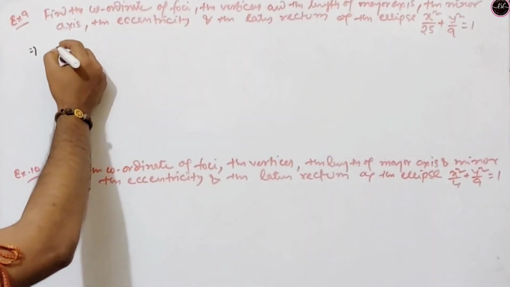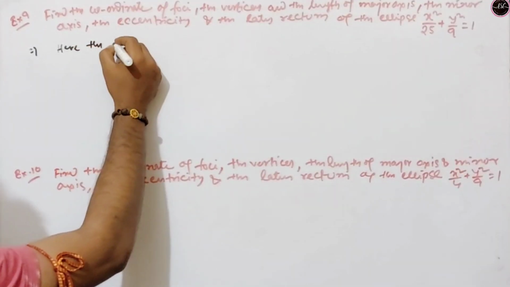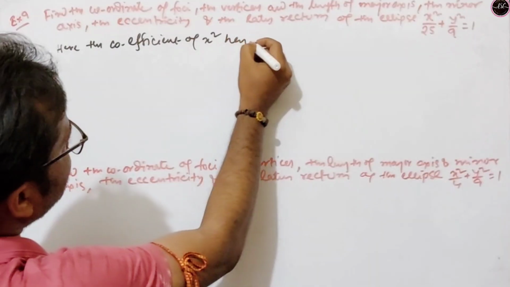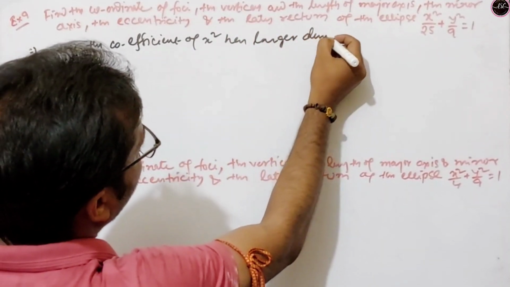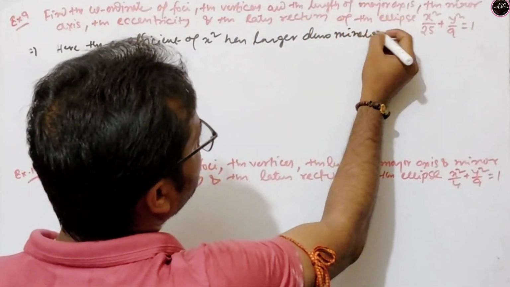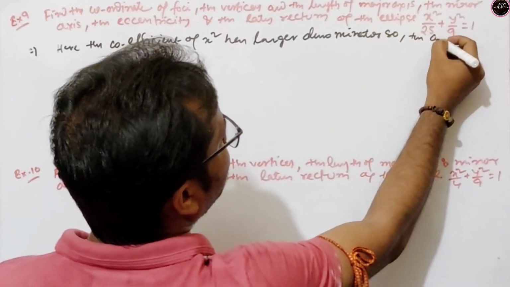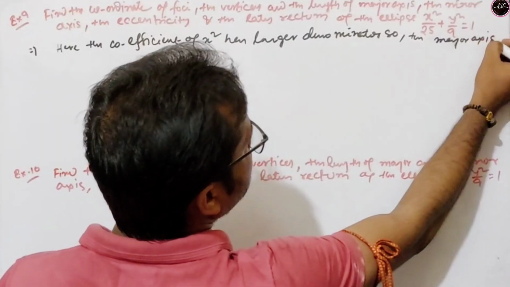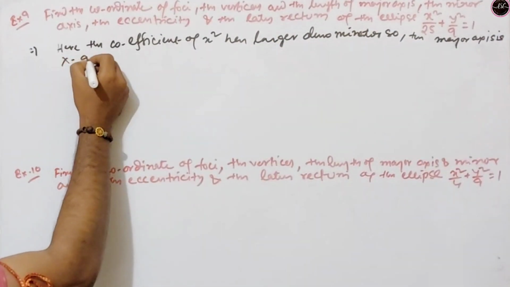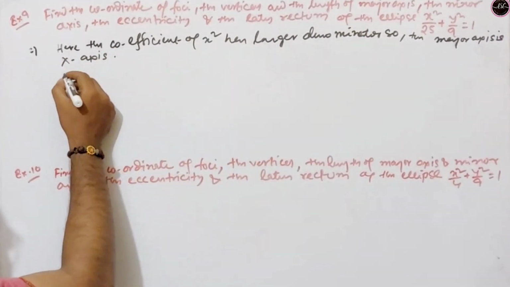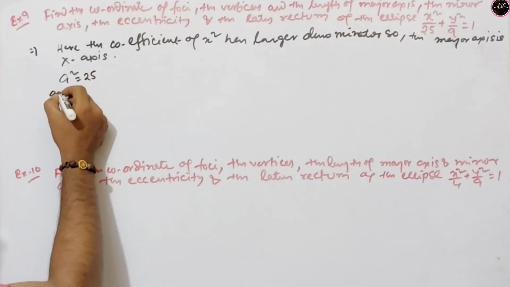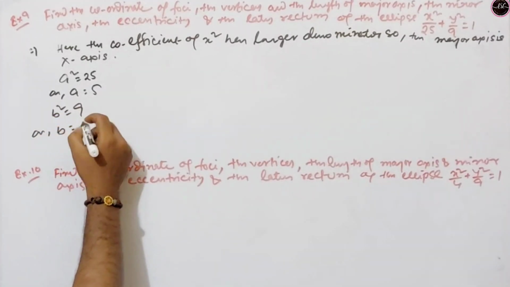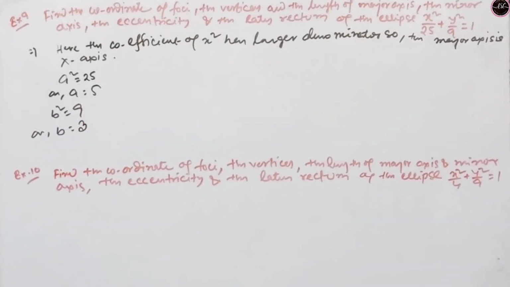Okay, here the coefficient of x square has the larger denominator, so the major axis is the x axis. Okay, so here a square equal to 25 or a equal to 5, and b square equal to 9 or b equal to 3.